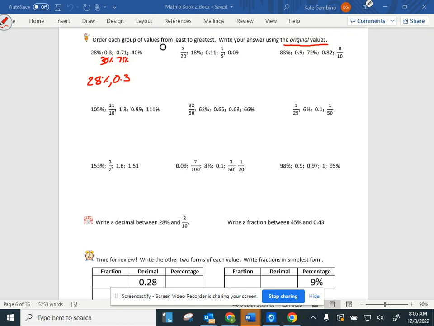That's what we converted it to so we can compare. We have to write the original value, the one that was typed out on the paper. What's next? Amelia? 40%. And what is our last value we're going to write? Isabel? 71/100.